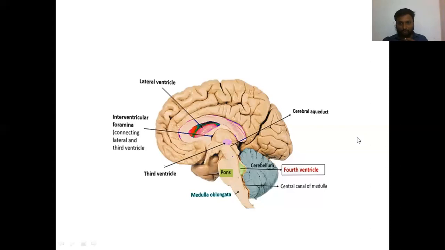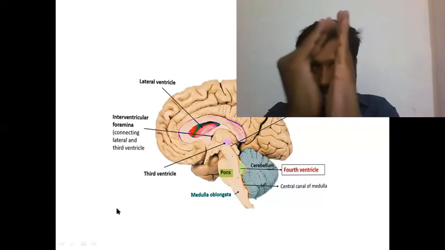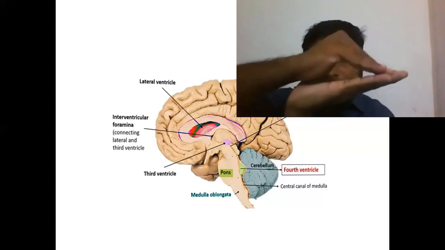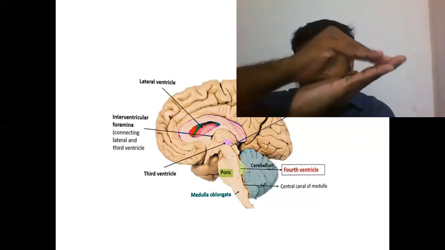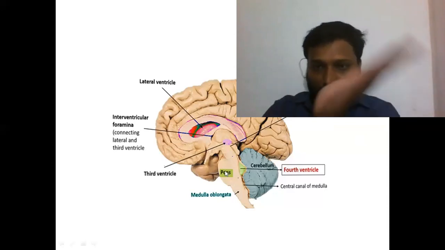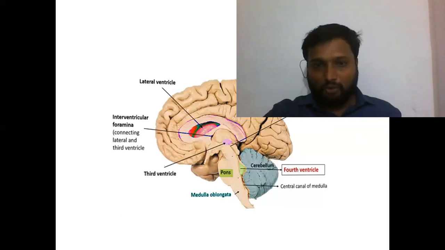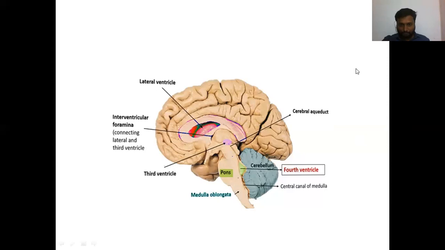See the video now. See, almost like this. It will be like this. Tent-shaped. So imagine this is the floor of the tent. It is formed by the posterior surface of the pons and medulla. See, this is the pons and this one is the medulla.